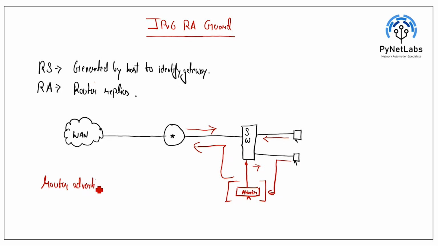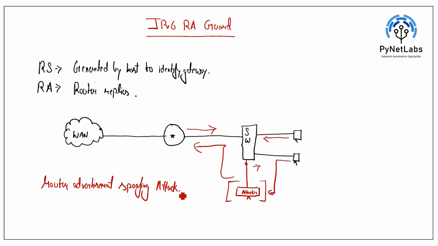Router advertisement spoofing attack. These are the attacks which generally happen, and we can consider this a man in the middle attack. To overcome this, we have the feature of router advertisement guard.